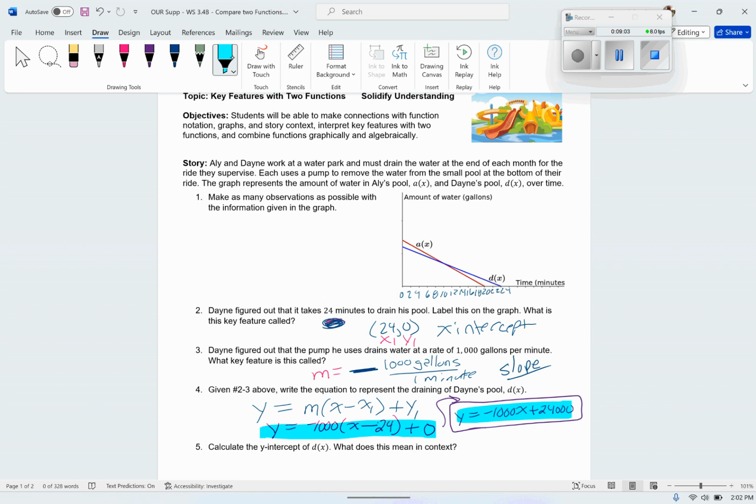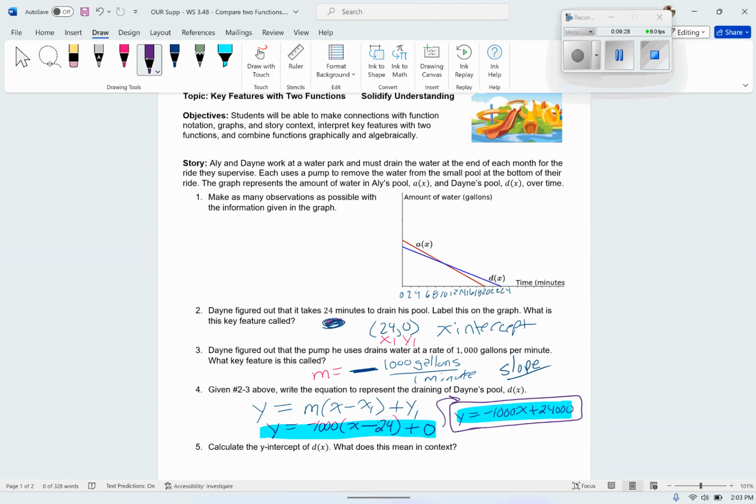Notice the negative 24 turned into a positive 24,000 because negative times negative is positive. I don't have a y sub 1, it's just 0. So basically, that's what takes place. All right. Friends, are you following what we're doing so far with this draining the pool activity?